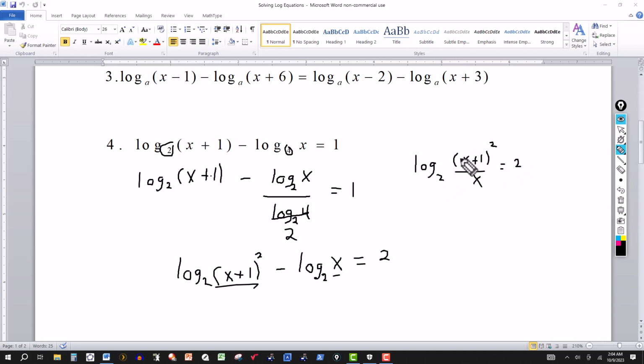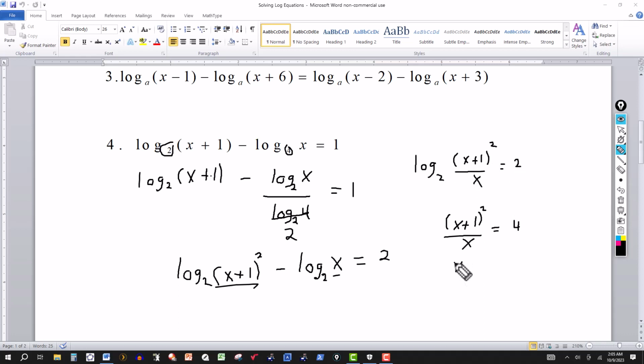So now this expression right here is equal to this base taken to that power. So x plus 1, the second power, over x is equal to this base taken to that power. So that's going to be 4.